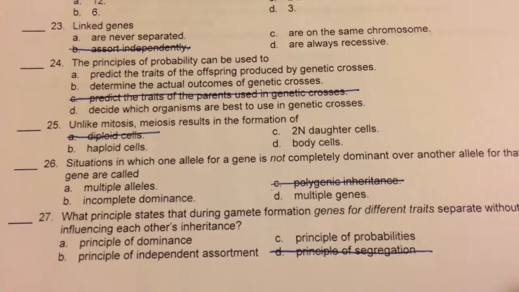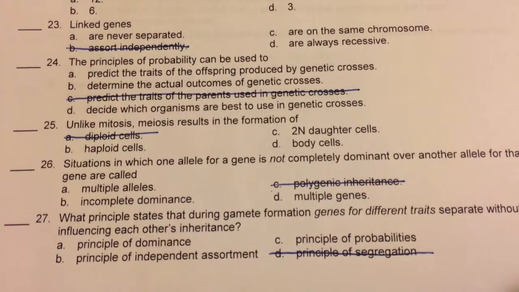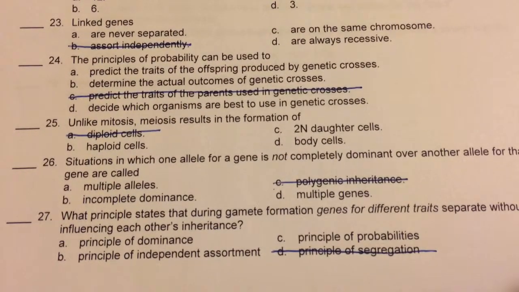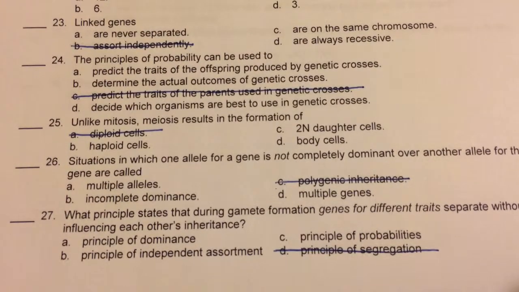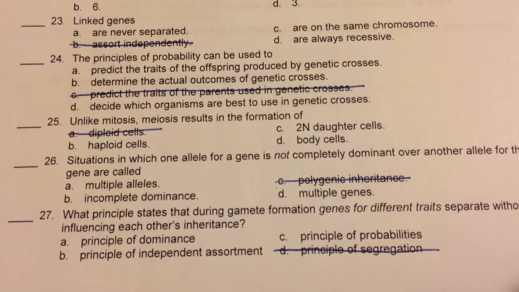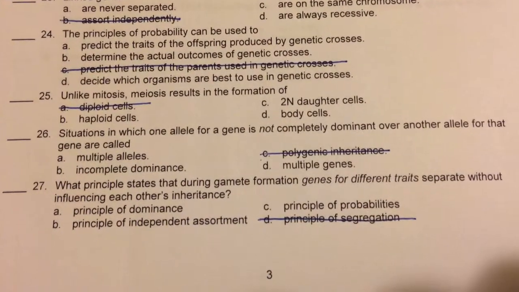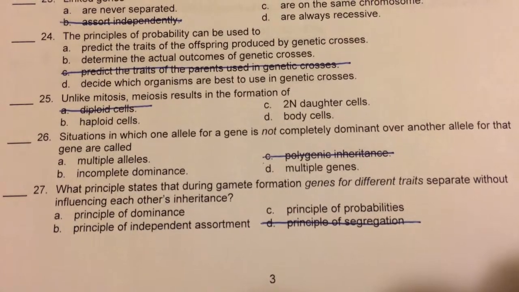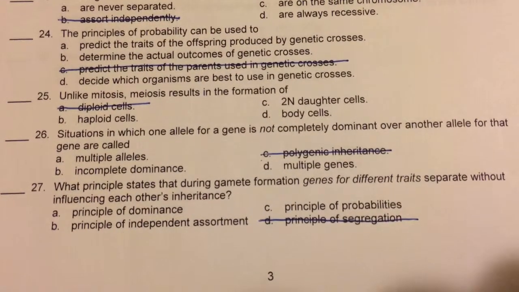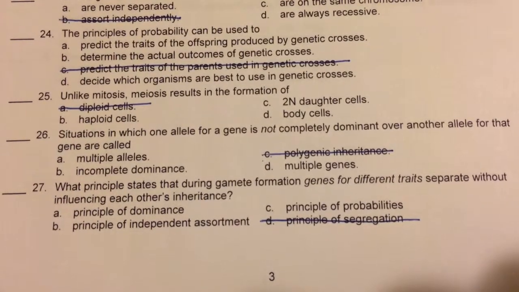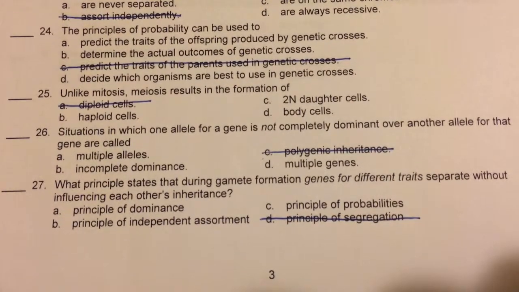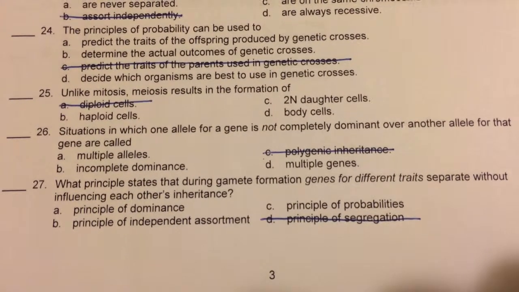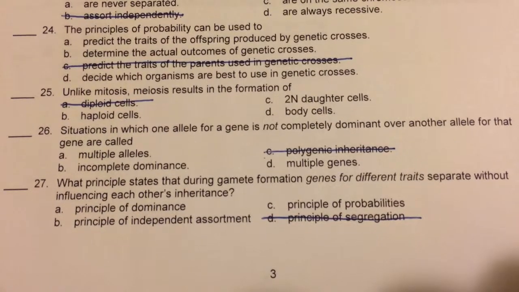25. Unlike mitosis, meiosis results in the formation of haploid cells, 2N daughter cells, or body cells. 26. Situations in which one allele for a gene is not completely dominant over another allele for that gene are called multiple alleles, incomplete dominance, or multiple genes. 27.